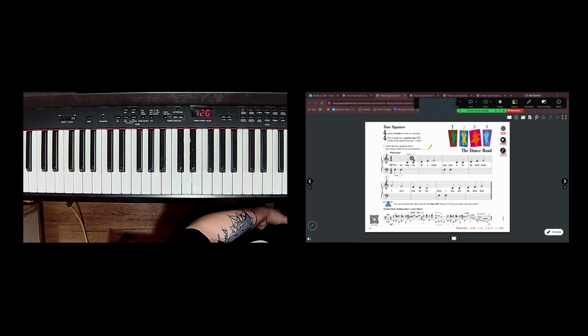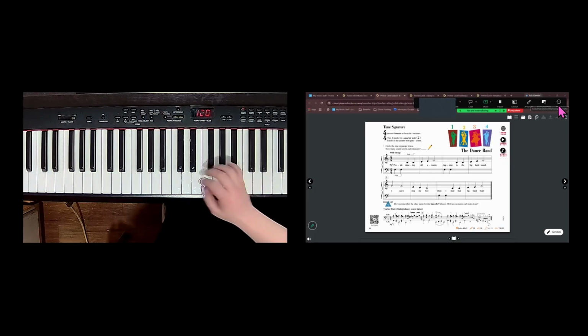Circle the time signature below how many counts are in each measure. So fill that out, write in your starting note here and your starting note here. And then the dance band drummer goes like this.